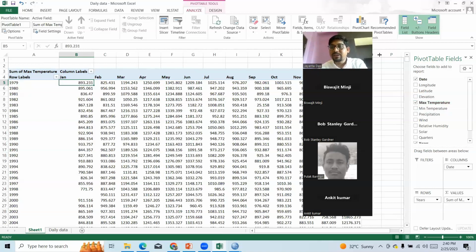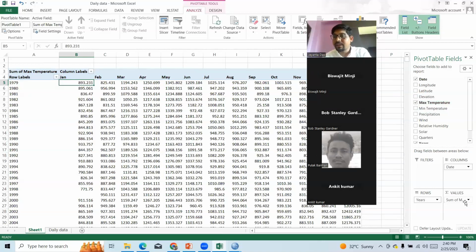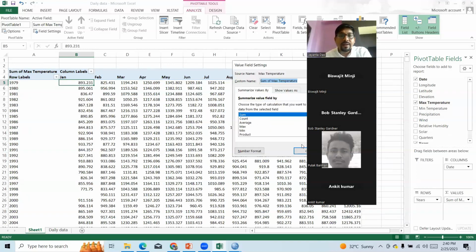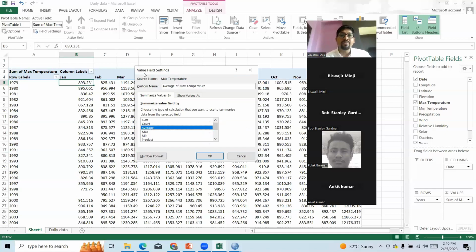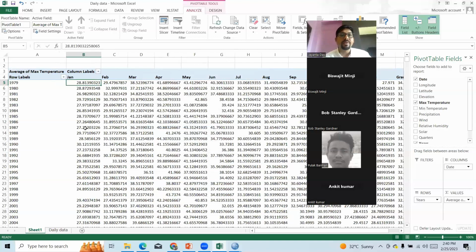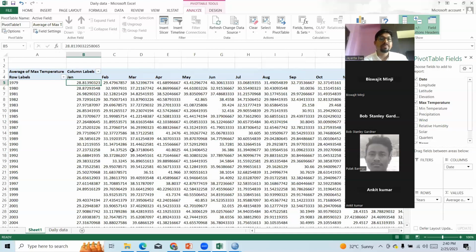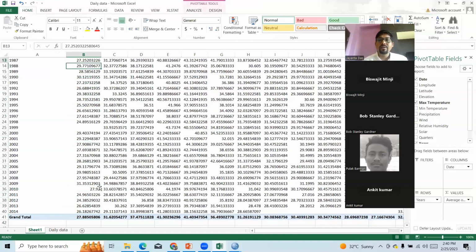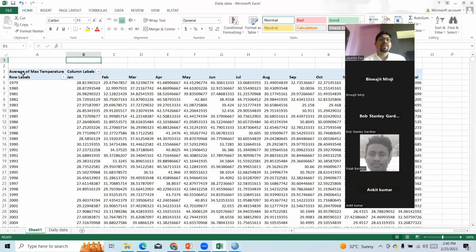Now see in values, Excel automatically defaults to sum, but in case of temperatures we need average. So we can easily set it in value field setting to average. Now it is the average value. It's a monthly average value from 1979 to 2014. Now we can copy and paste anywhere.